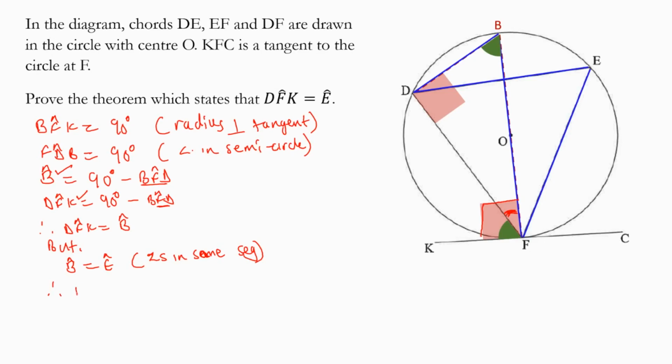Therefore, angle DFK is equal to angle E, because angle DFK is equal to angle B, and angle B is equal to angle E. That's the answer there. These two angles, DFK and E, are equal. We have proved this part. Done. We're going to meet when we do question 11.2.1.